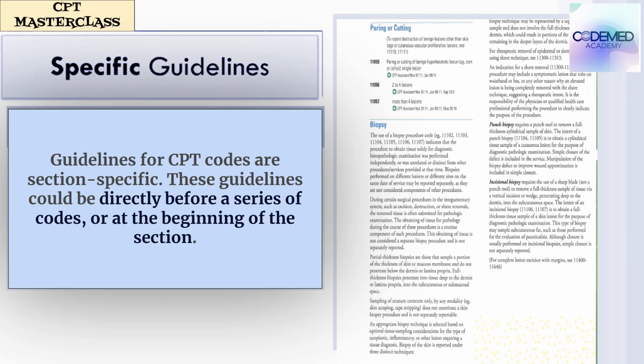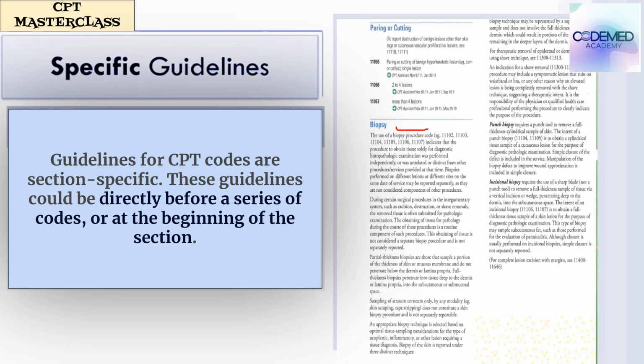Now then there are specific guidelines. These specific guidelines are section specific. These guidelines could be directly before the series of the codes or at the beginning of the section. For example, I would call them topic specific because at the beginning of every topic you will see certain guidelines related to that topic. For example, the biopsy related guideline.